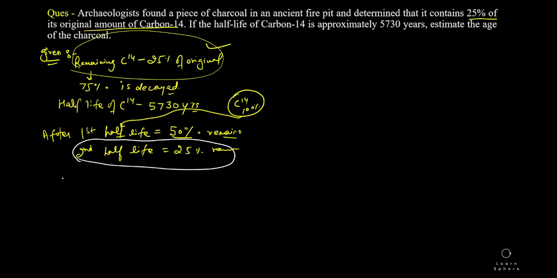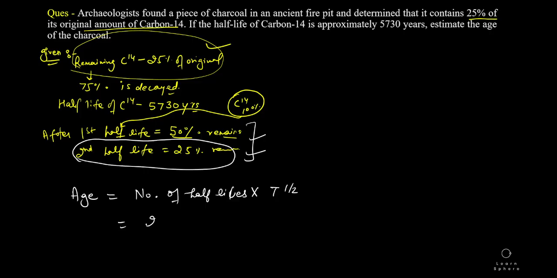Okay, now we have to calculate the age. So the formula for calculating the age is the number of half-lives into the half-life. Clear? So there were two half-lives, the first half-life and the second half-life.